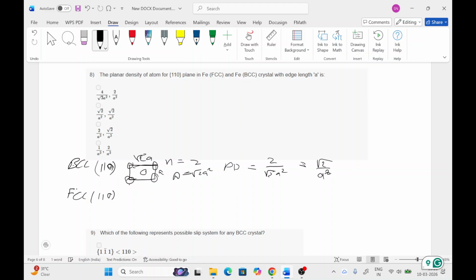So for FCC 110, we have atoms like this. One atom and one atom. So the atoms at the corner giving one complete atom, and the atom on the face center is giving half and half, one. So it is two.